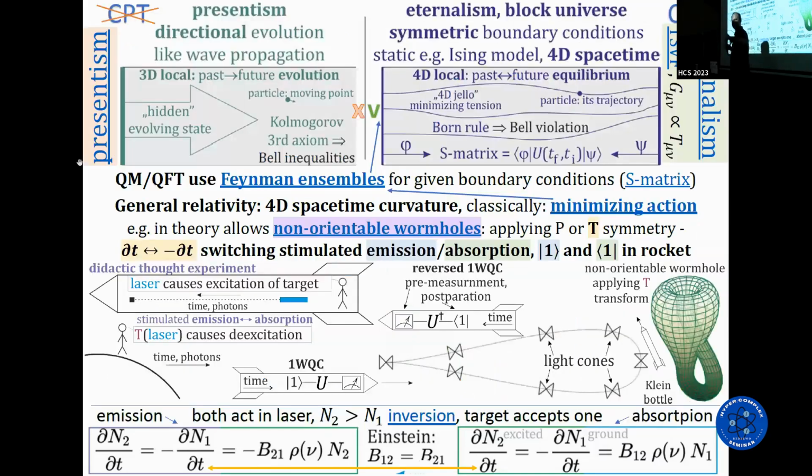Okay, so maybe a philosophical slide now. We have these two basic philosophies of time. One is presentism, that there is a present moment which evolves into future time, but there is also this eternalism, the block universe, where the four-dimensional solution is already there, and we just travel through the solution.